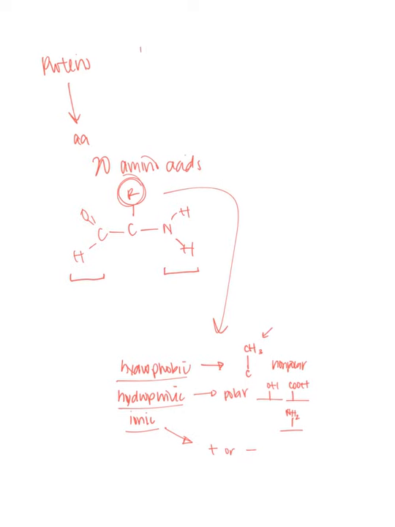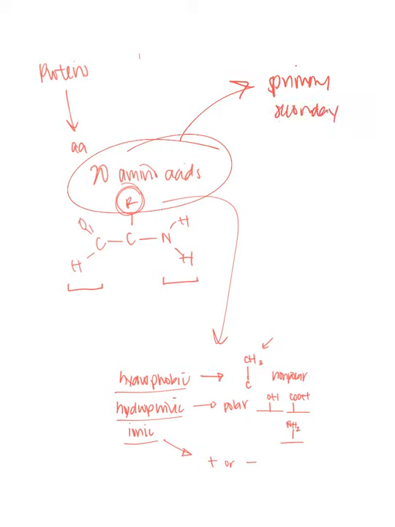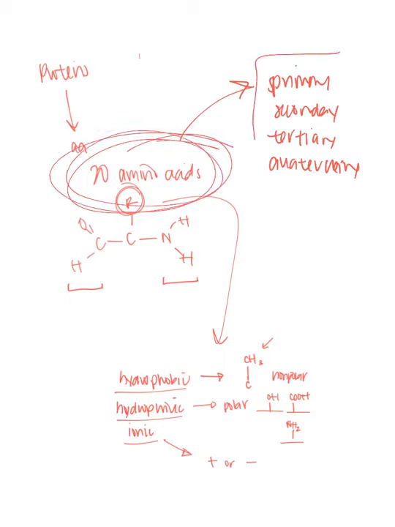Variation among proteins comes from the amino acids, causing varieties in the primary, secondary, tertiary, and finally quaternary structure. So two things: amino acids cause variation among the primary, secondary, and tertiary structures.